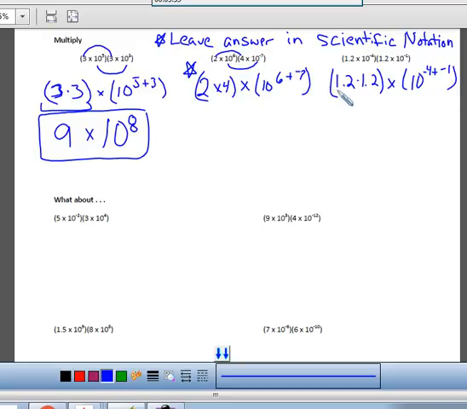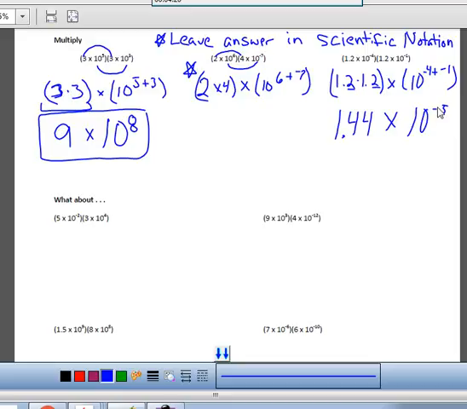So, you should all remember 12 times 12 is 144, so 1.2 times 1.2 is 1.44, but where does the decimal go? Well, there's 2 numbers after the decimal, so it goes right there. Times, and then 10 to the negative 5th power.